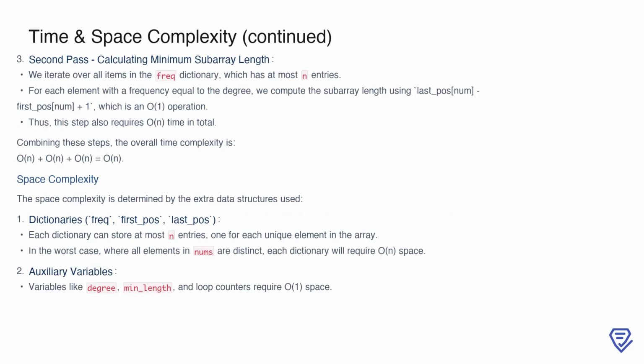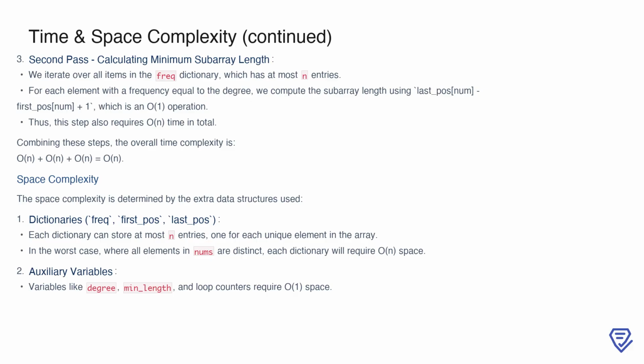Now, moving to the second pass, we calculate the minimum subarray length for elements that have a frequency equal to the degree of the array. To do this, we iterate over all items in the frequency dictionary, which contains at most n entries. For each element, we calculate the subarray length using the formula last_pos[num] - first_pos[num] + 1.